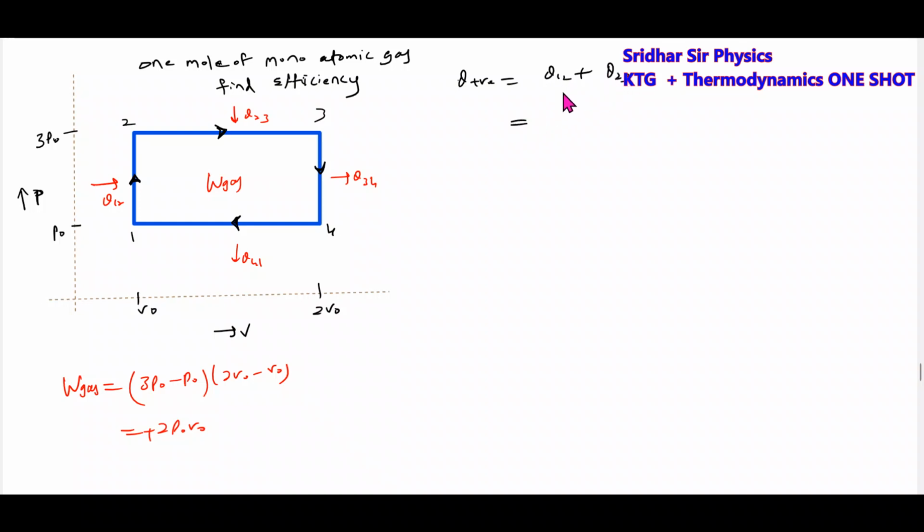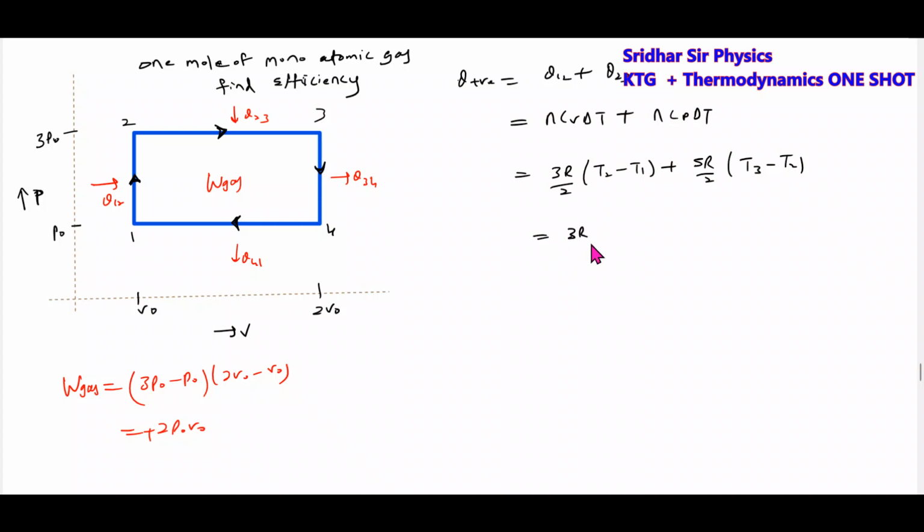In the isochoric process, heat absorbed is change in energy, nCV delta T. In the isobaric process, heat absorbed is nCP delta T. Number of moles 1, CV for monatomic gas is 3R by 2, change in temperature T2 minus T1. CP will be 5R by 2, times T3 minus T2.